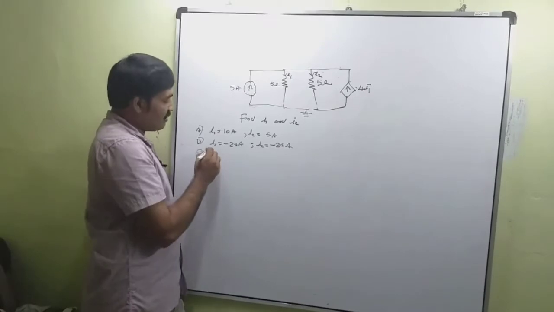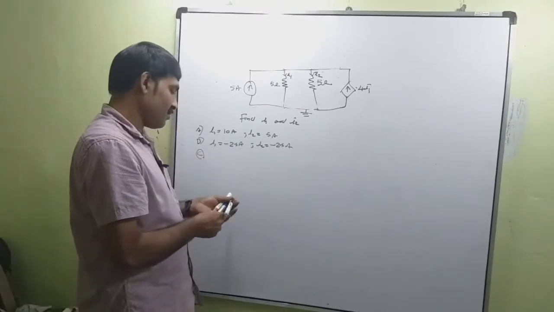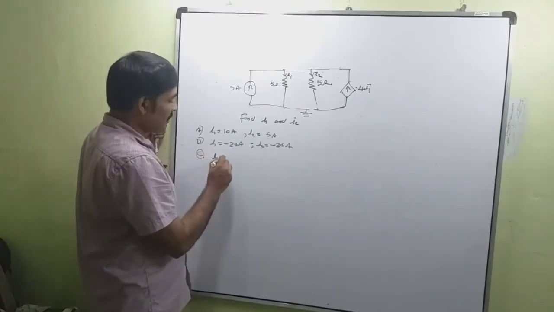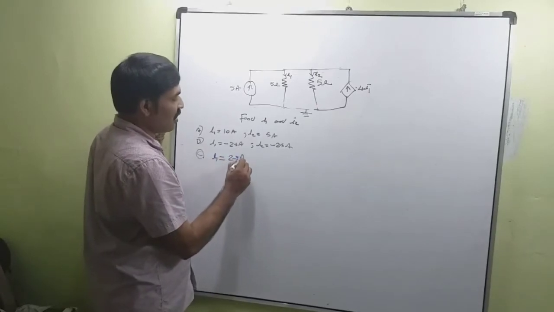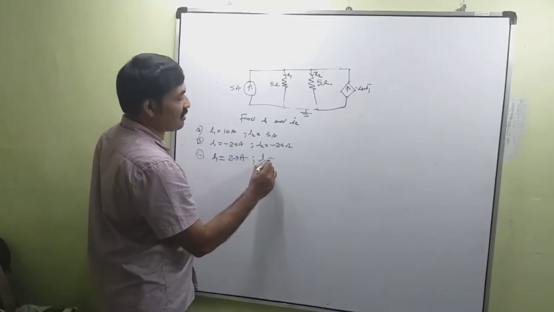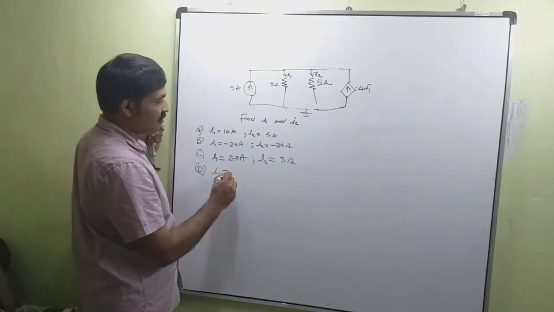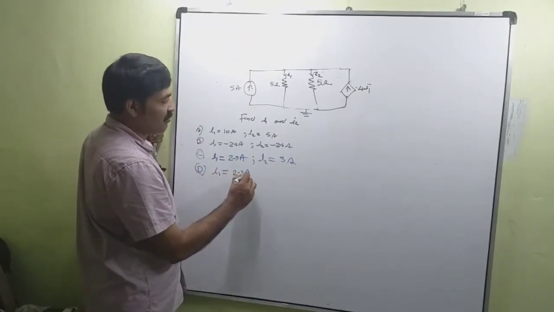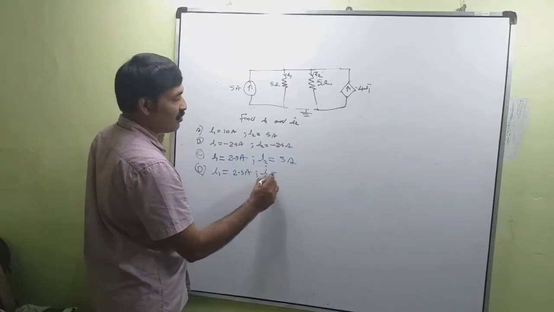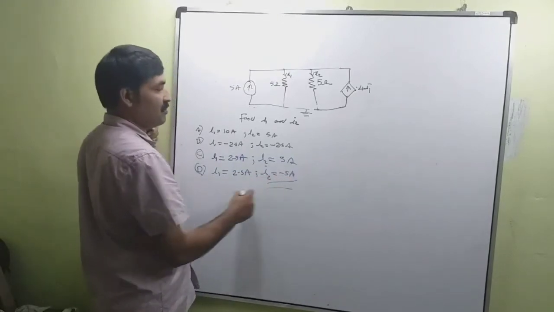And option C is I1 is equal to 2.5 ampere and I2 is equal to 5 ampere. And option D is I1 is equal to 2.5 ampere and I2 is equal to minus 5 ampere. Okay.